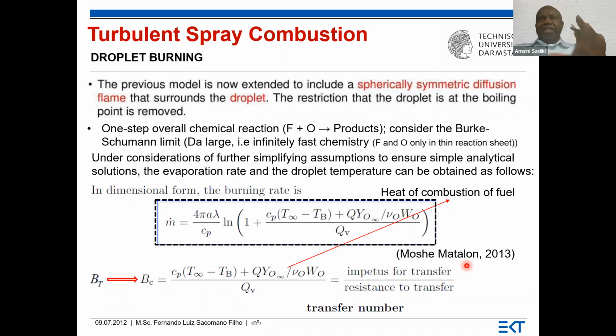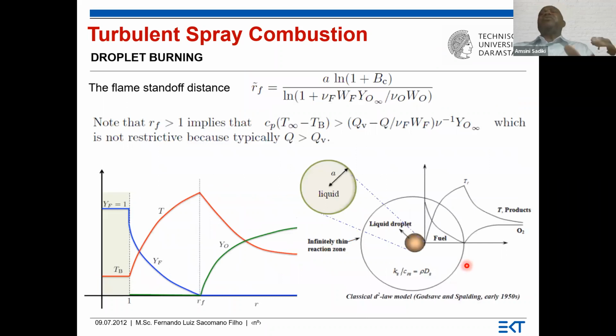If we have this extension, we can demonstrate it. And normally I put it as an exercise, and people did it because it is not complicated. If we do it, we have to find also the position of the flame, okay, the flame standoff distance. It can be obtained using this.